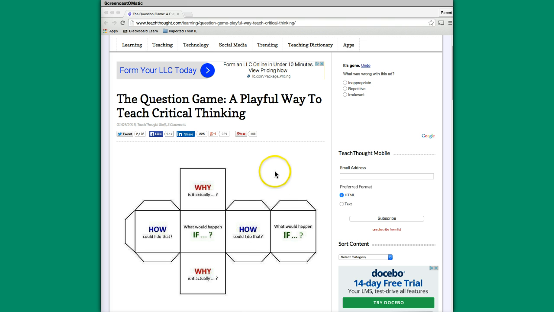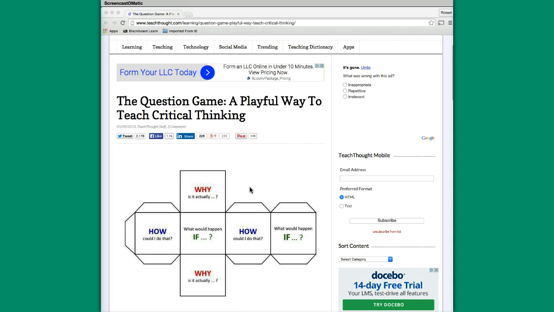Now, the way that Warren Berger thought to use this item was to have the instructor print it out on a piece of paper, and then you would cut it out along these outside lines, and then if you look at it very carefully, you will see that you can fold it up and actually make a cube, or like a die, and then you can roll it, or the student can roll it, and whatever it lands on, that's the type of question that they have to deal with from a critical thinking perspective.